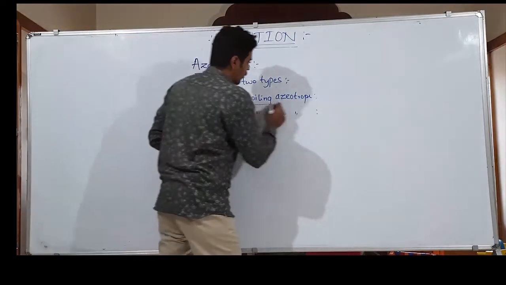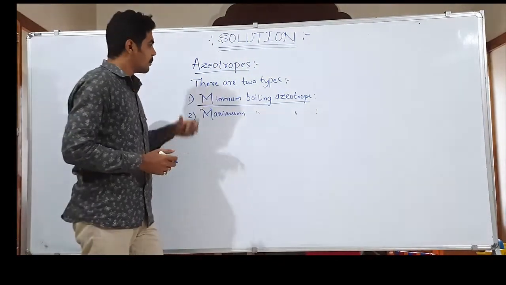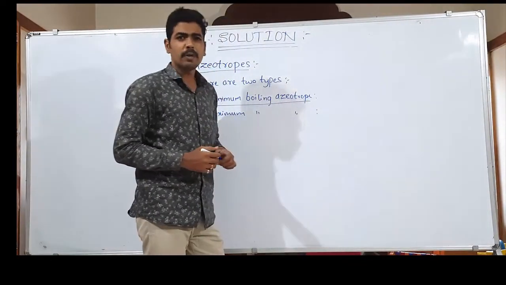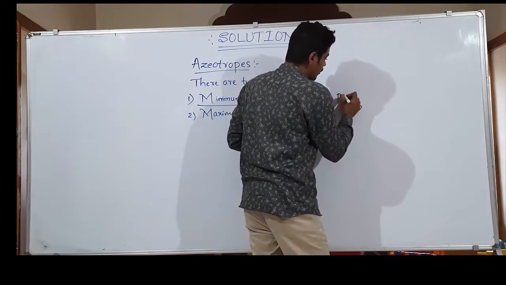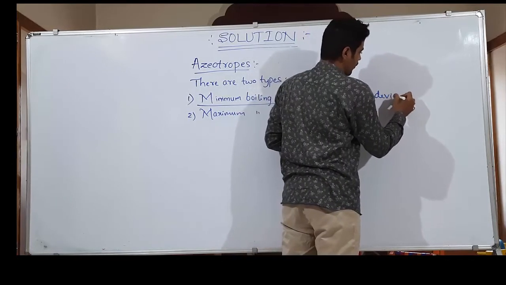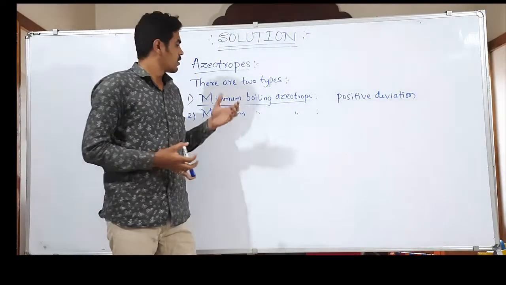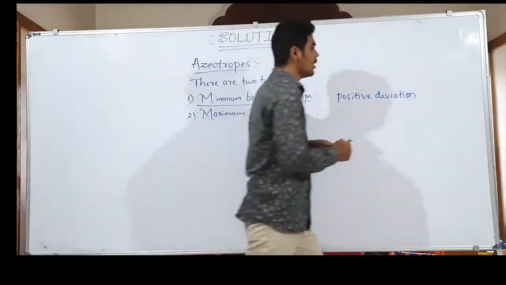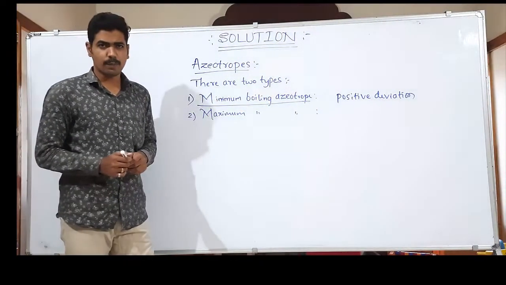First we will see what is minimum boiling azeotrope. Minimum boiling azeotropes are the azeotropic mixtures which show the large positive deviation from Raoult's law. The solutions which show large positive deviations from Raoult's law are said to be minimum boiling azeotropes.